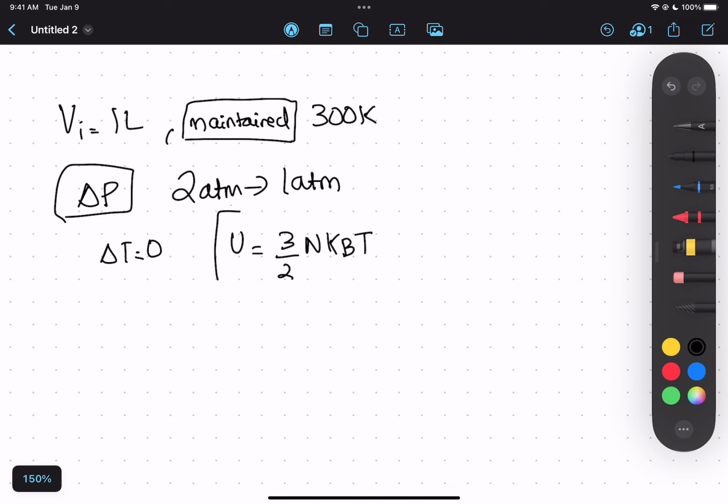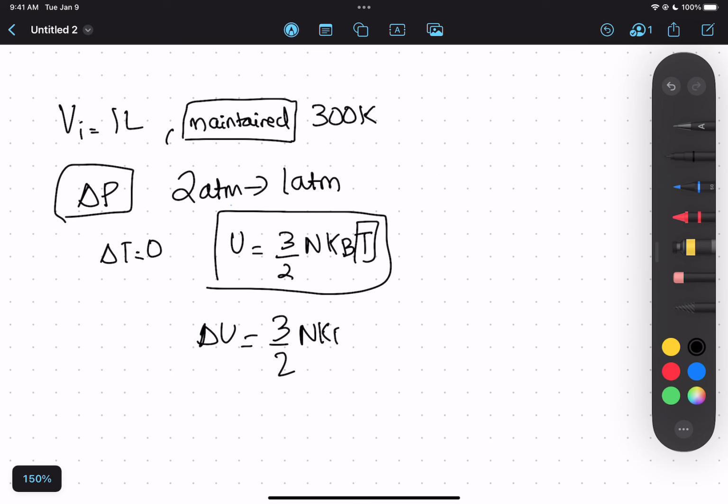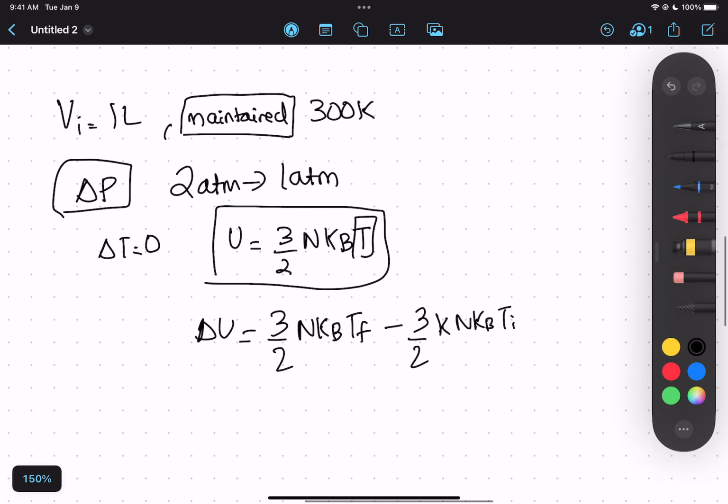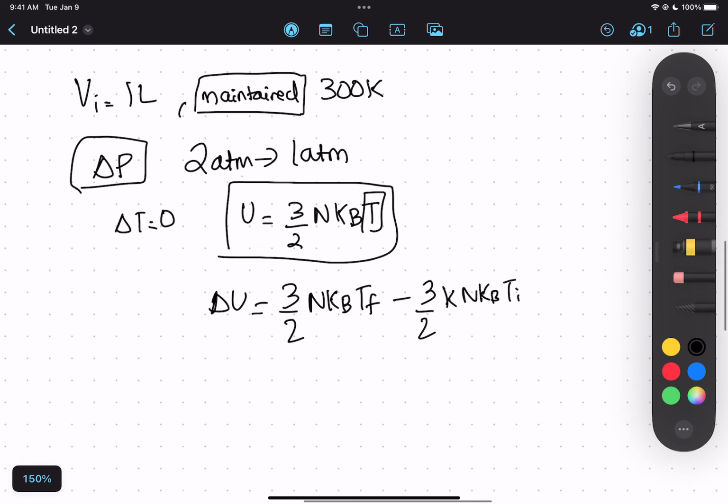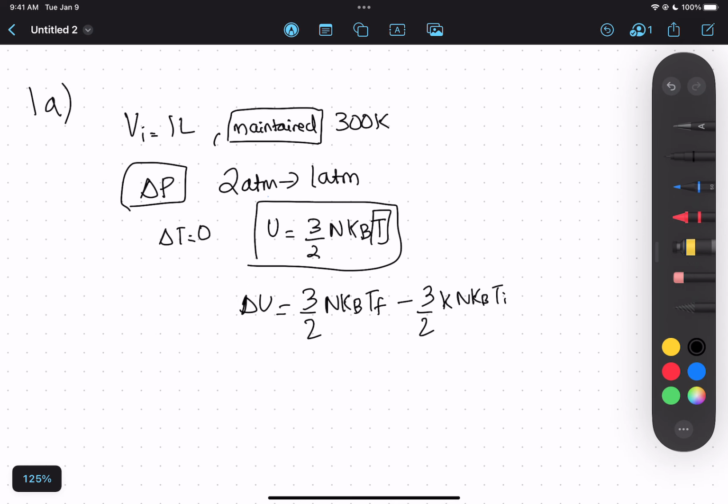You can see here that the total internal energy is merely dependent on whatever temperature you have. If you wrote a delta U, it'd be 3/2 N kB TF, your final temperature, minus 3/2 N kB TI, your initial temperature. Since we obviously don't see a change in temperature, delta U would be 0 for this point, because it's an isothermal process, maintained at a specific temperature.